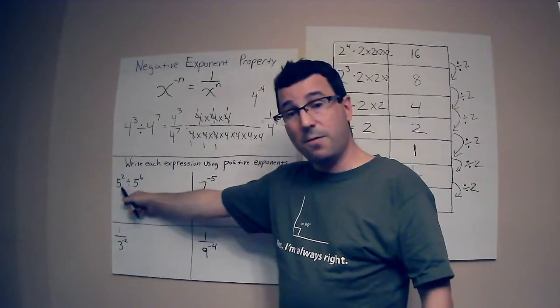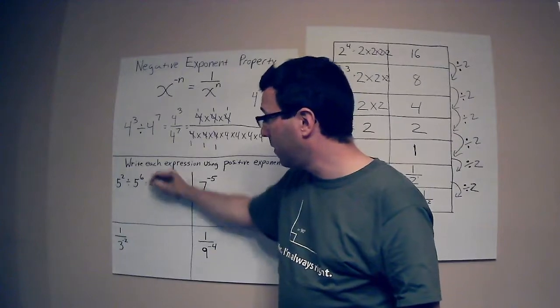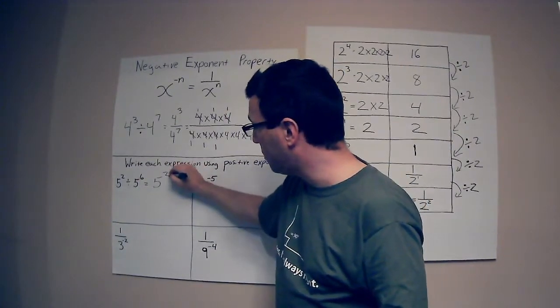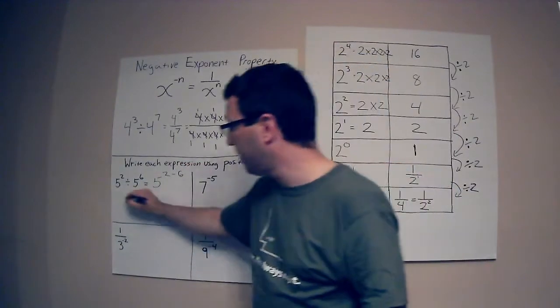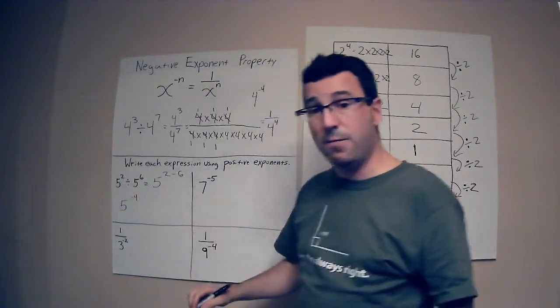So here, 5 to the 2nd divided by 5 to the 6th. I'm going to do the subtraction. 5 to the 2 minus 6 gives me 5 to the negative 4.